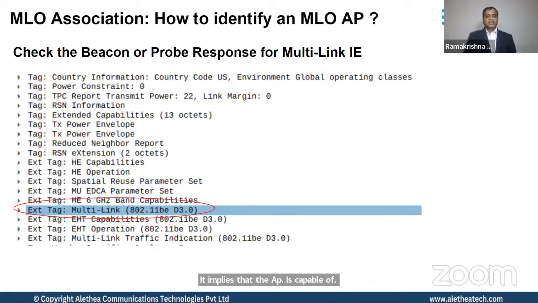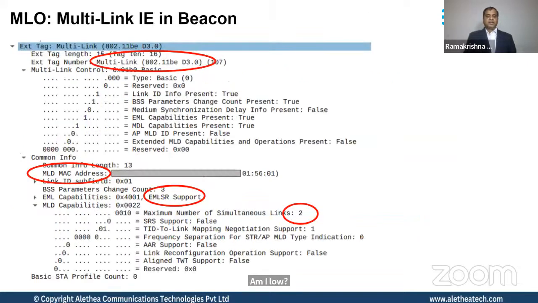Now, what is there in this multi-link IE? The most important parameter that I would like you to note, which I have expanded here, is the parameter called maximum number of simultaneous links. In this case, it is given as 2, but the interpretation from the specification is that if this is 2, the total number of links supported by the AP is actually 3.